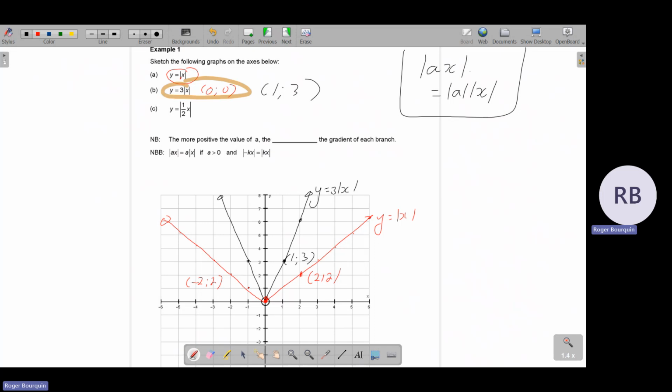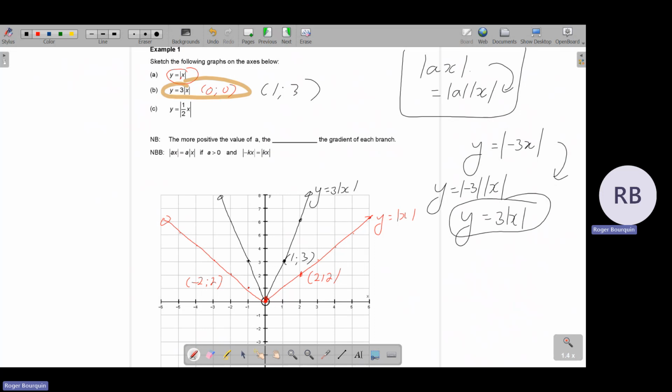In other words, if I said to you, go draw the graph y is equal to the absolute value of negative 3x, I would immediately rewrite that. How could you rewrite it using the logic I've used from there to there? The absolute value of negative 3 times the absolute value of x. Good. And what's the absolute value of negative 3? 3. So that is the same graph as y is equal to 3 times the absolute value of x, which makes more sense to draw.